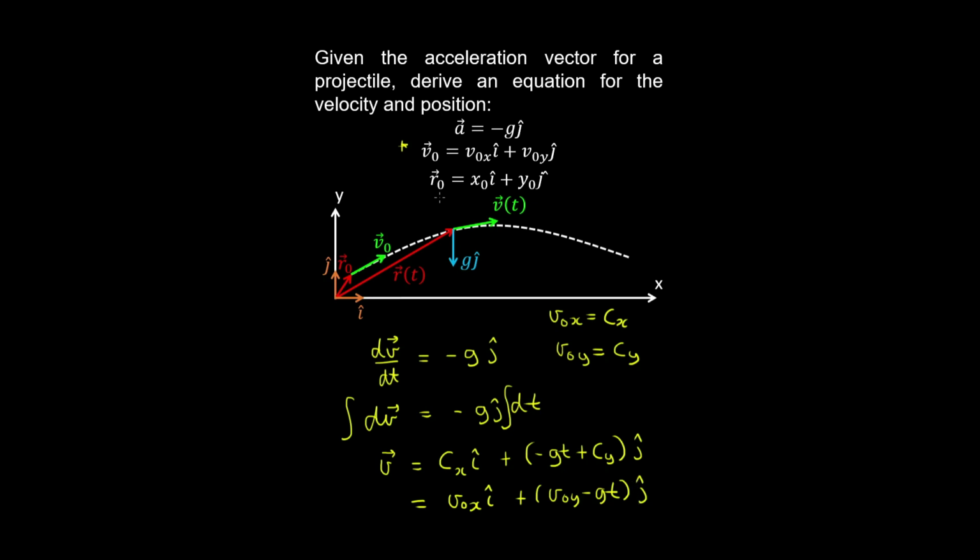And now you can do the same thing to obtain an equation for the position. So the velocity is the rate of change of position with respect to time. And separating the variables and integrating, and applying your initial condition, you'll be able to get an equation for the position as a function of time.